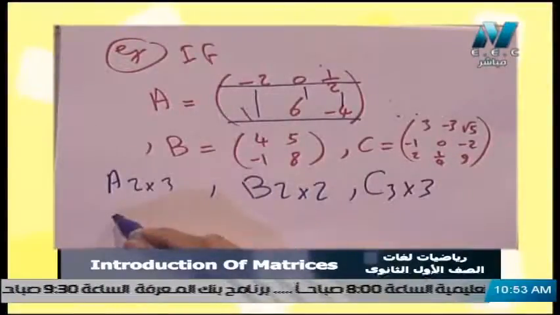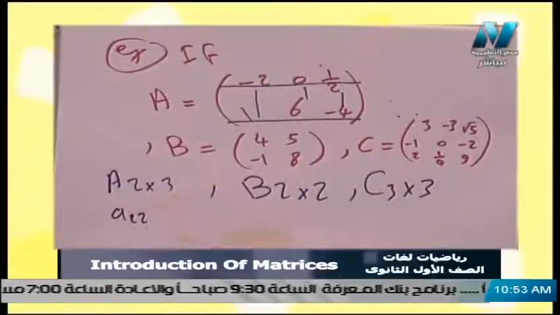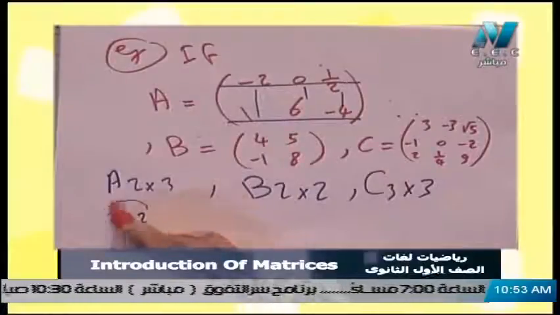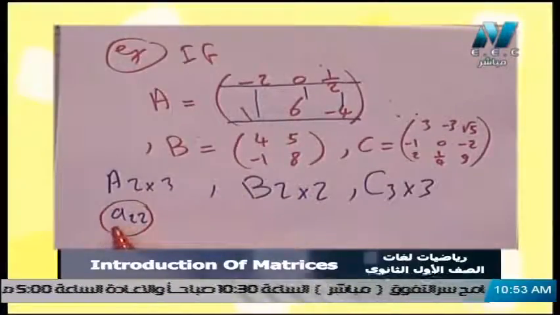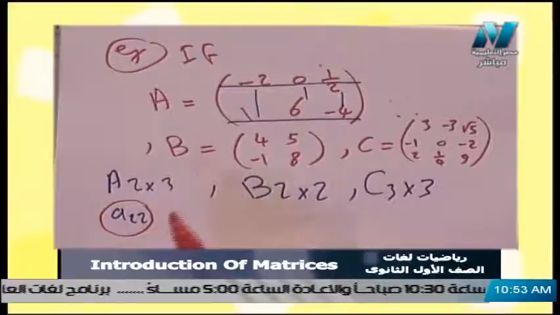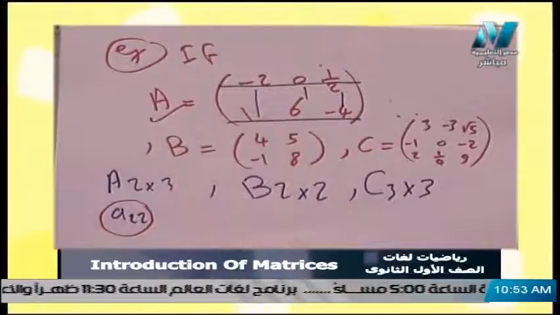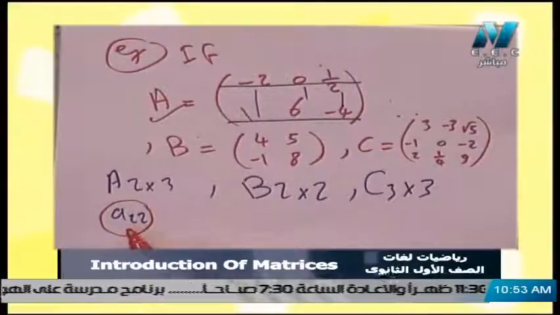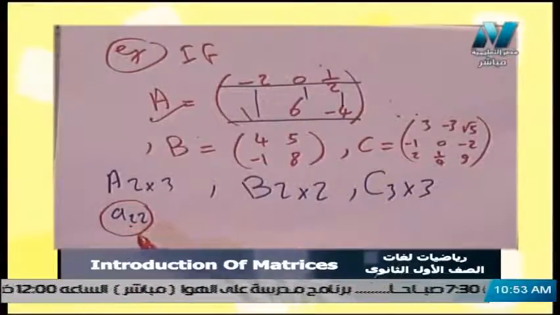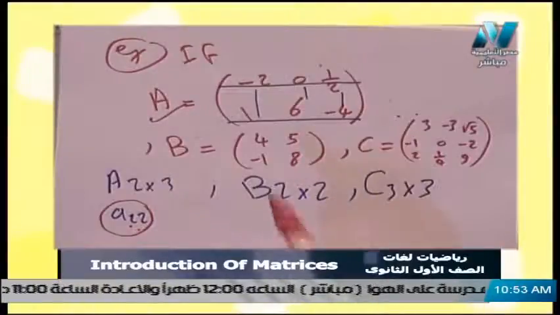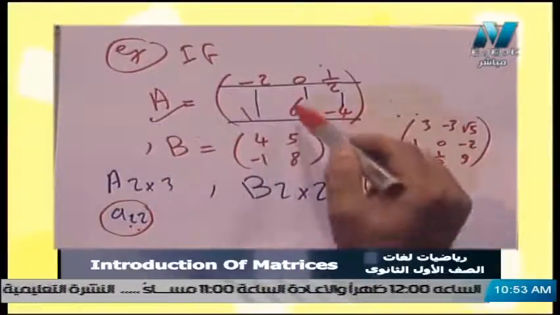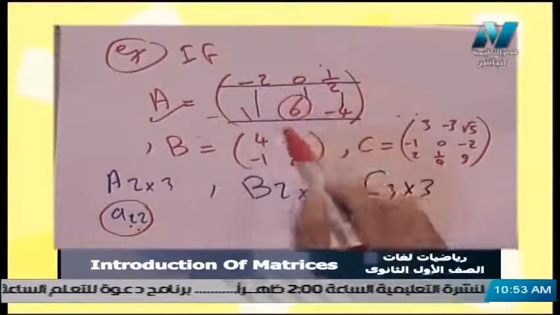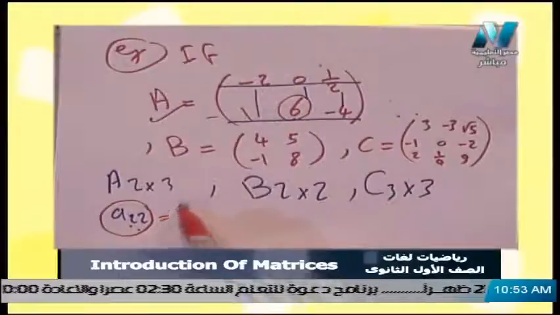Okay, and we would like to find the following numbers. What is a22? Look carefully at this. Because it's small a, it's an element inside the matrix A. a22 means the element in the second row and second column. Second row and second column is this number, so it's 6.